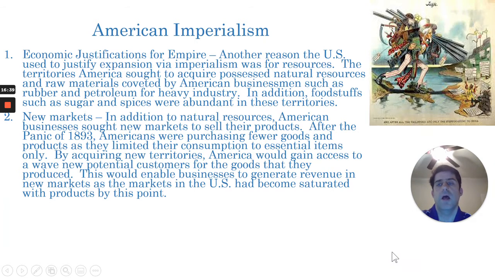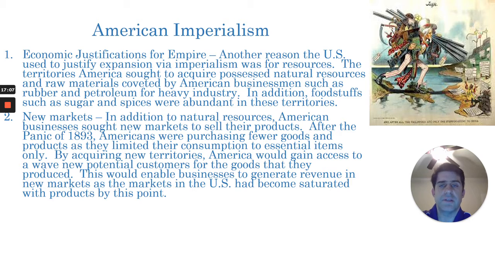So, we talked about the racial justifications for American imperialism with the white man's burden and with false racial sciences such as phrenology. Let's look at the other reasons that proponents of imperialism and expansionists in America argued that the U.S. needed to colonize.